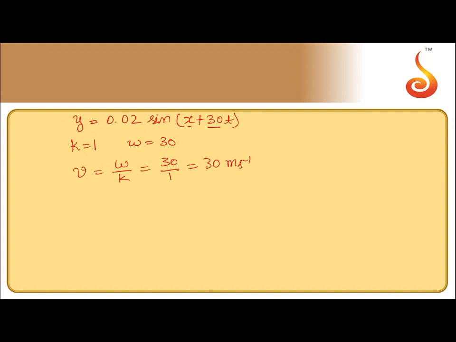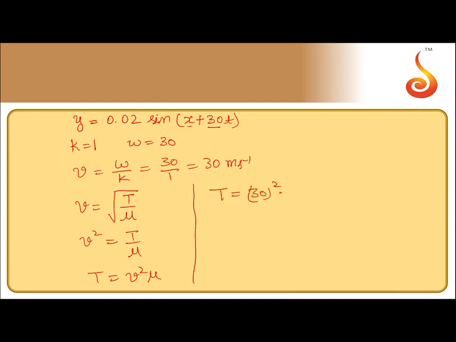Now tension is unknown, velocity is known, you need to find tension in the string only. So v is equal to root of T by mu. So v square is equal to T by mu. T is equal to v square into mu. So substitute and simplify.